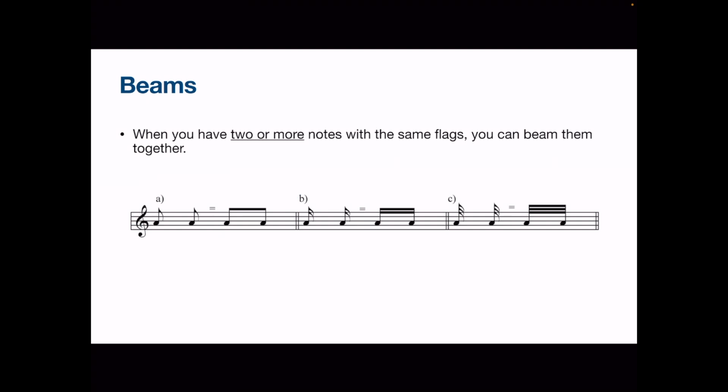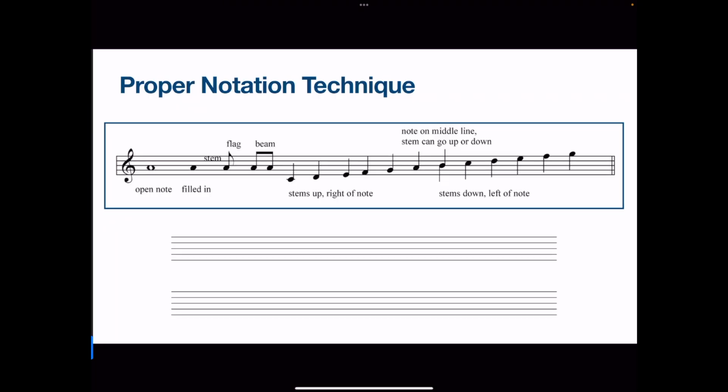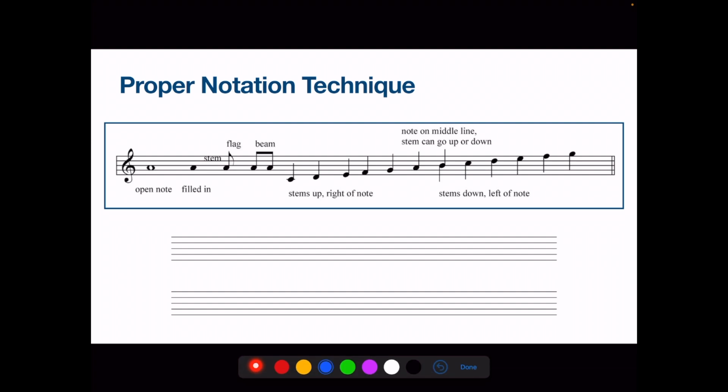Now, I actually want to go back to the proper notation technique and talk about something that you're going to see in your assignment that will be kind of confusing. So that's basically about beaming, right?